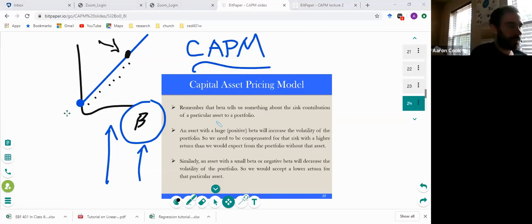You're able to get any point along that straight line between the risk-free and the asset itself.